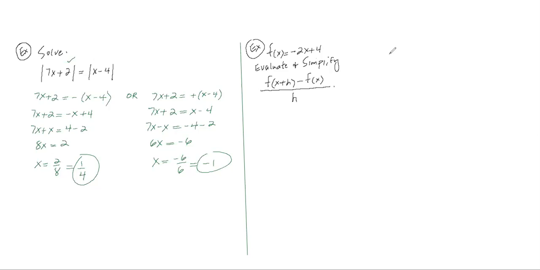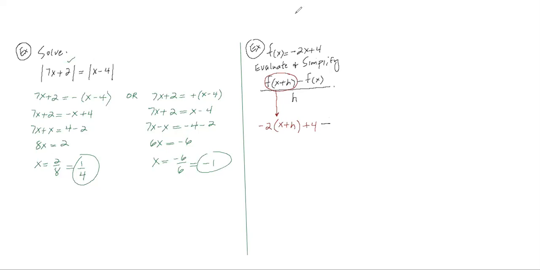Okay. So let's do the first part in, say, this color. It is -2 times x plus h plus 4. Very good. Then you've got minus.